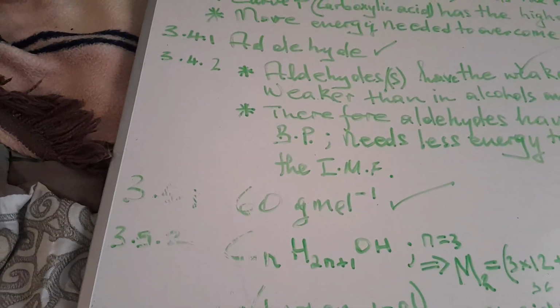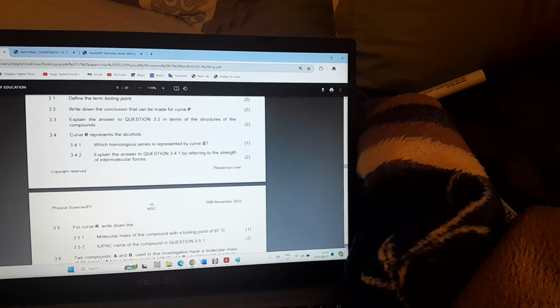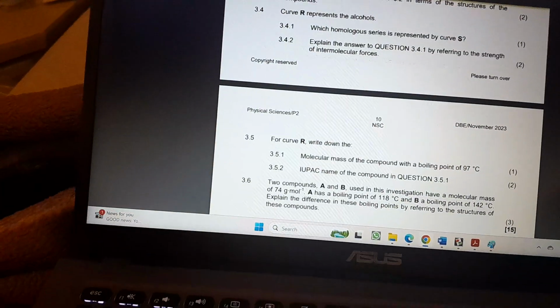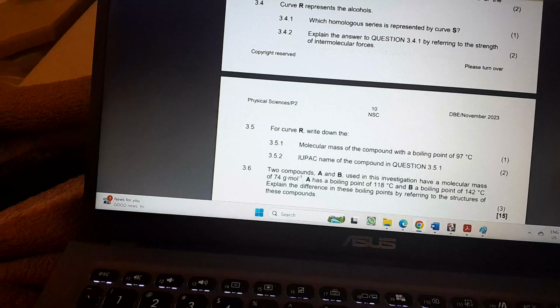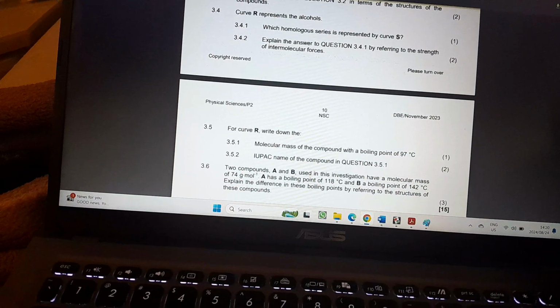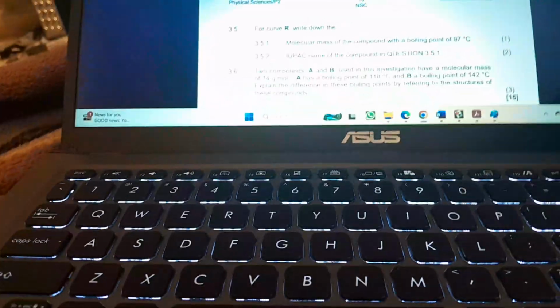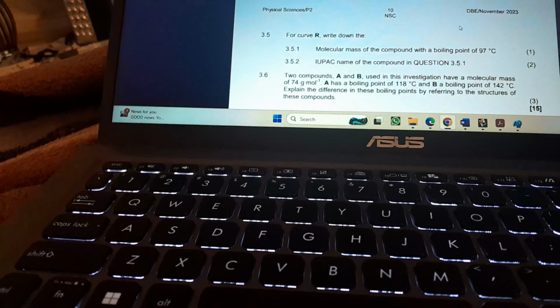Then getting to the next question, it says that for curve R, write down the molecular mass at the boiling point of 97 degrees Celsius. Okay.